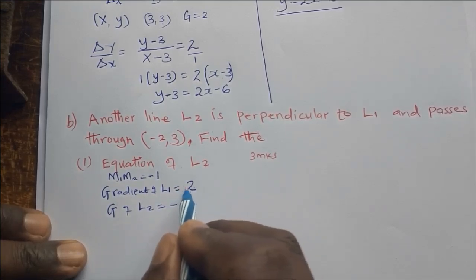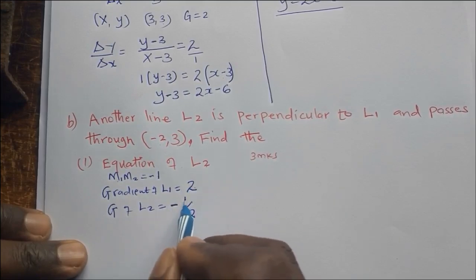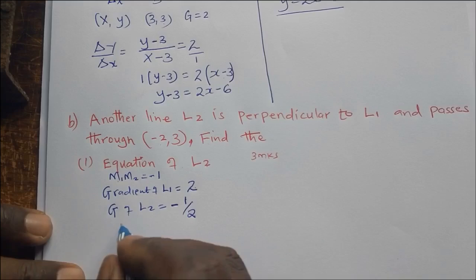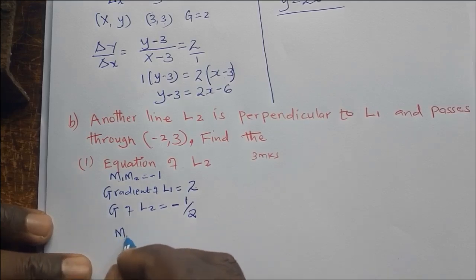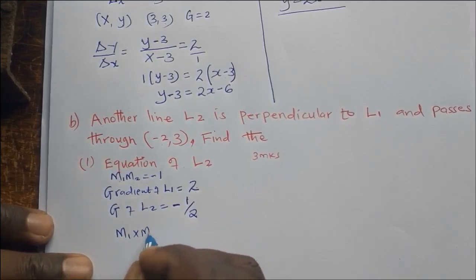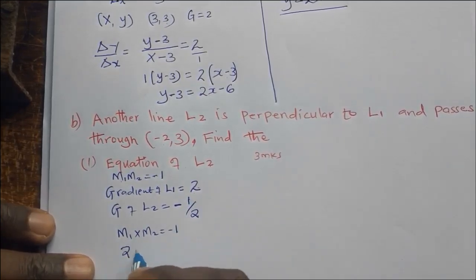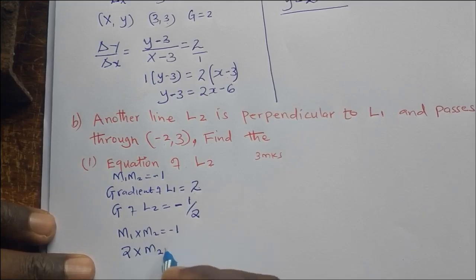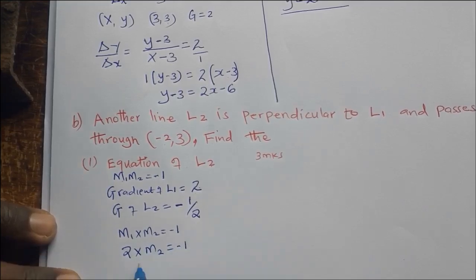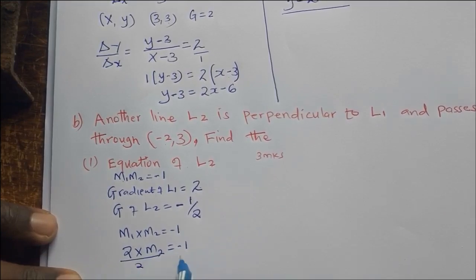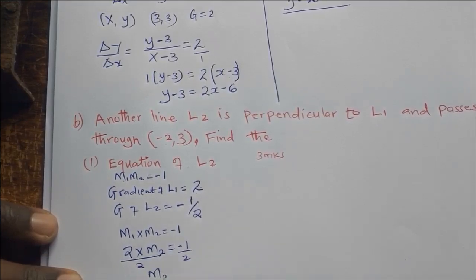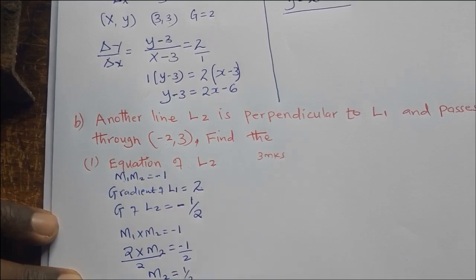And since the first one was positive, the other one will be negative. Or you can do it like m1 times m2, the answer should be negative 1. We have 2, which is m1, times m2 we are looking for is equal to negative 1. Now divide by 2, therefore m2 is equal to negative a half.